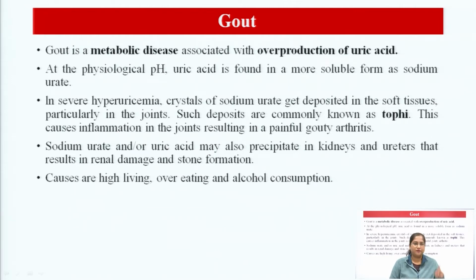Now, what is gout? The first disease we have studied is hyperuricemia. The next disease we have studied is uricosuria, and in that we studied hyperuricosuria. The next disease is gout. What is gout? Gout is a metabolic disease in which there is overproduction of uric acid.